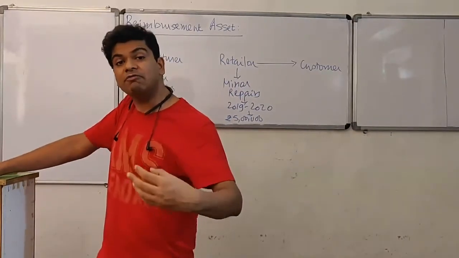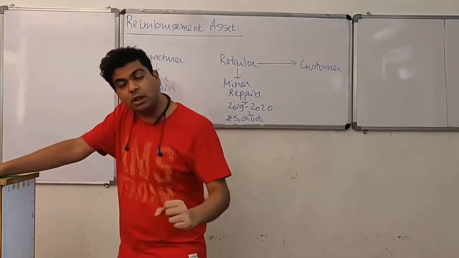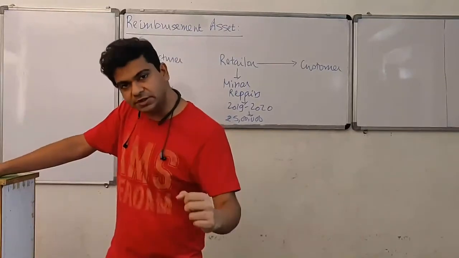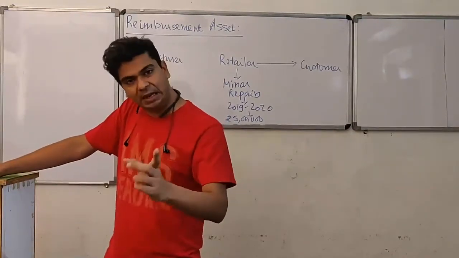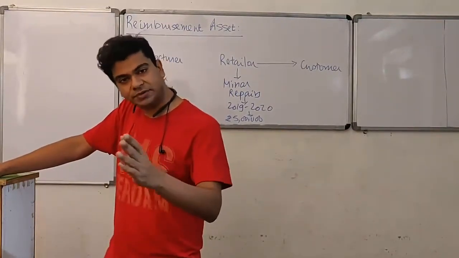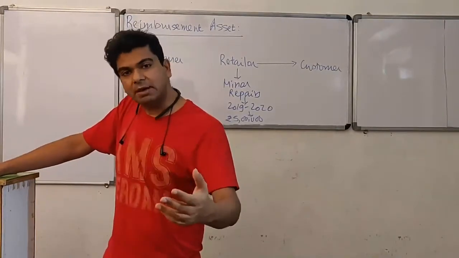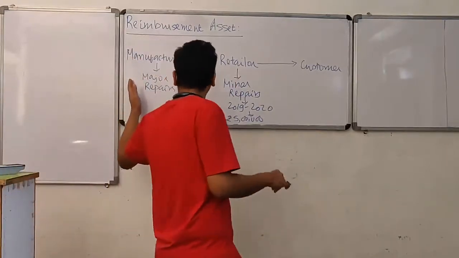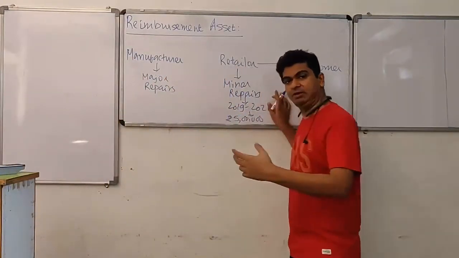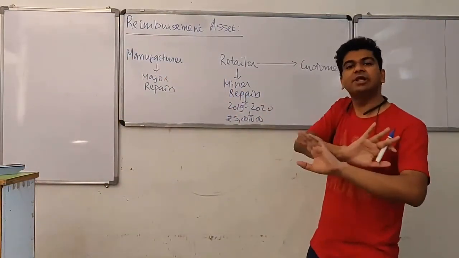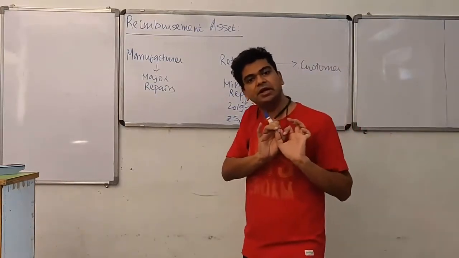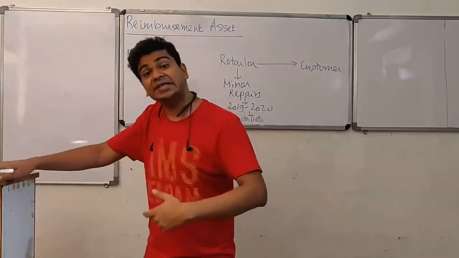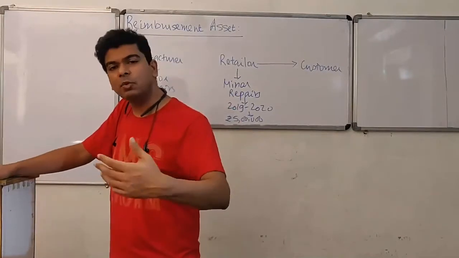So recognition of reimbursement asset is possible provided you are virtually certain that the collection of that reimbursement will be possible. For example, before we finalize our financial statements, we are receiving a communication from the manufacturer. The manufacturer suggests to us that yes, everything is fine. We will definitely release 5 lakhs of rupees in the next 1 month or maybe in the next 1 week.